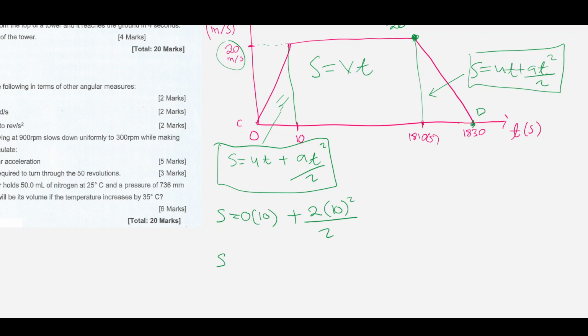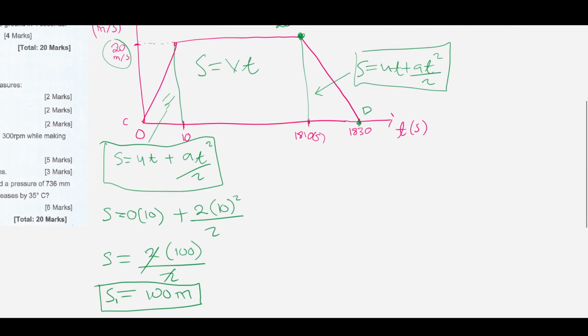So our distance will equal 2 times 10 squared is 100 over 2. So this 2 and this 2 will cancel. You can call it distance 1 is equal to 100 meters. So we have 100 meters there.